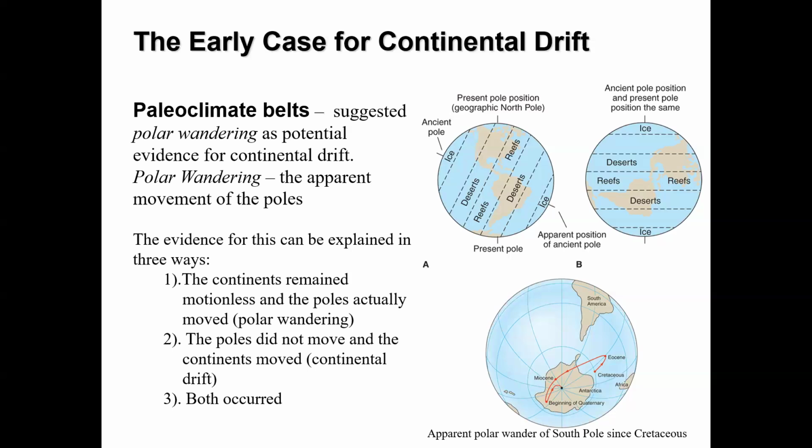So we can use rocks from this time period, from the late Paleozoic, to reconstruct what these paleoclimates would have looked like. Paleo is past, so what these past climates would have looked like. Here we have, basically at the poles, I'll explain what this is in a minute, more glacial environments.